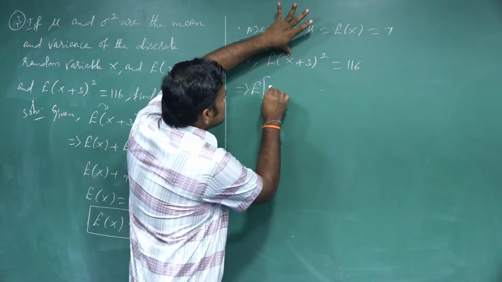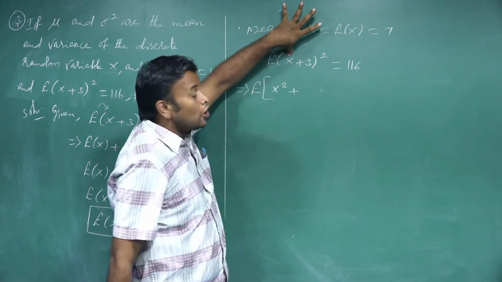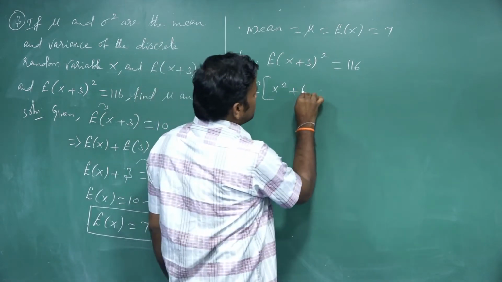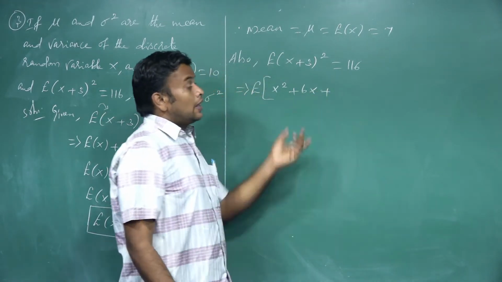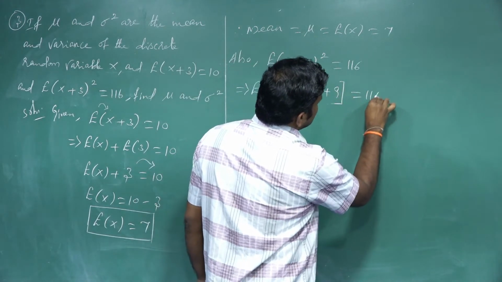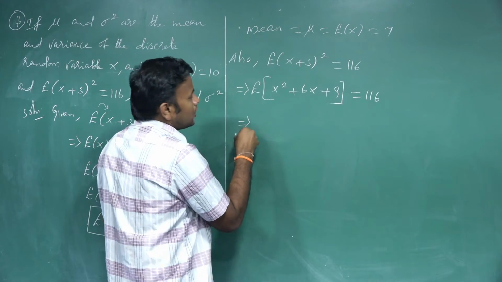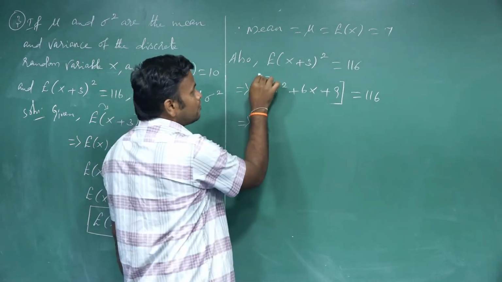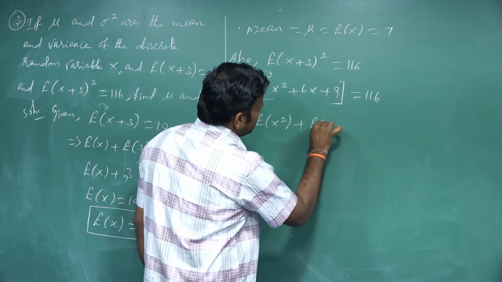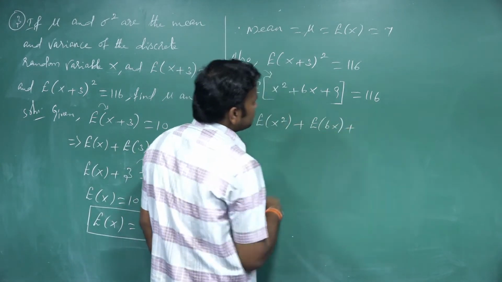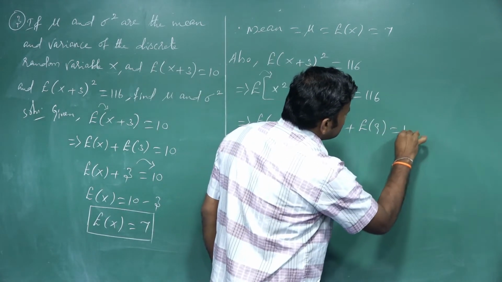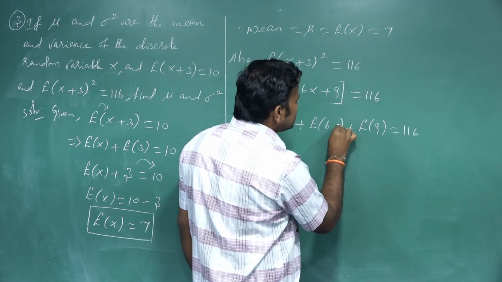So a square is X square, plus 2ab, 2 of X of 3, 2 threes are 6, so 6X, plus b square, the value of 3 square is 9, is equal to 116. Here also the outside E is common, so we apply it inside, we get E of X square plus E of 6X plus E of 9 is equal to 116.